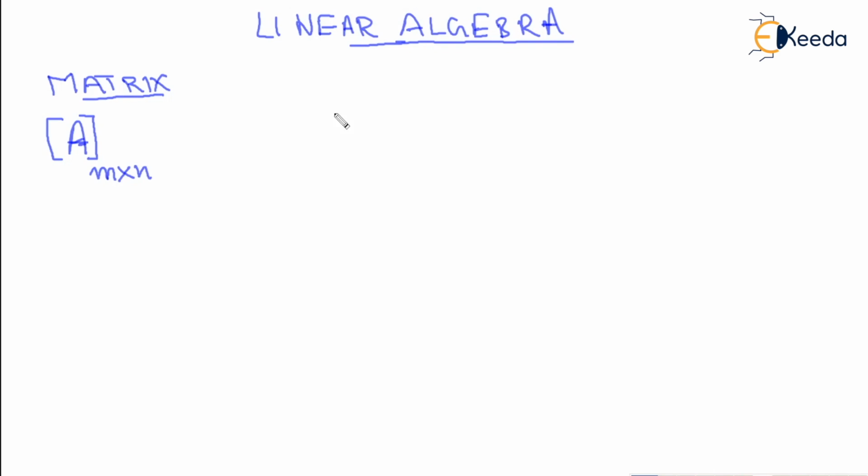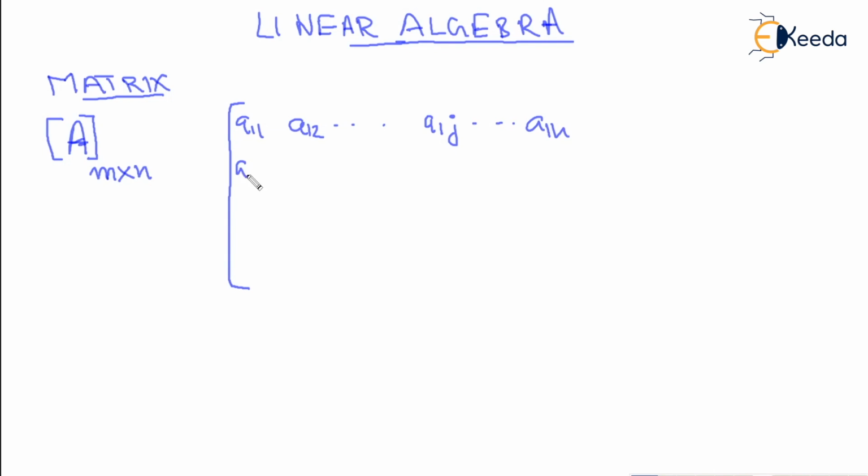The elements are arranged in a rectangular array, as we say. So let's say this is a11, a12, and so on, a1j, and then a1n.